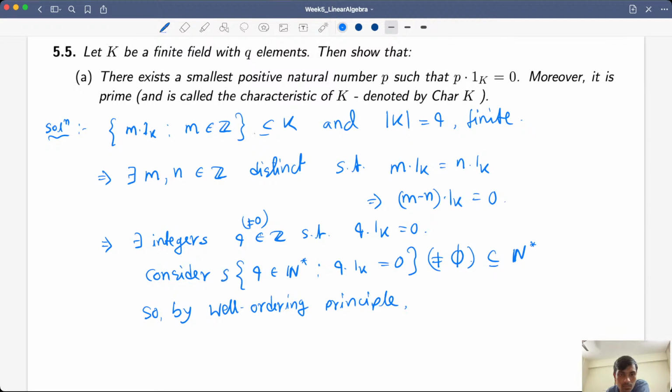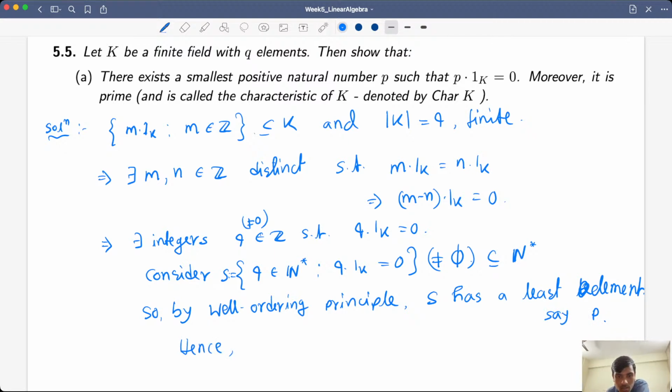Call this set S. By the principle, S has a least element, say P. Hence we have the required claim.